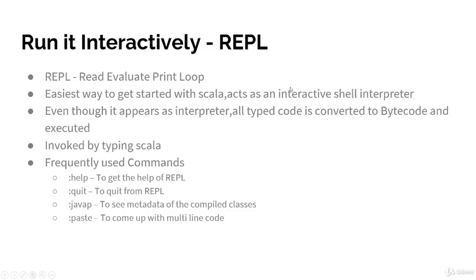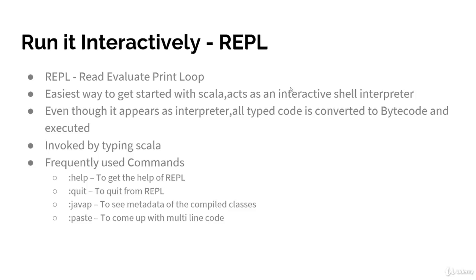Let us talk about the REPL console which is provided by Scala. REPL stands for read, evaluate, print, and loop. The easiest way to get started with Scala is this interactive shell interpreter. This is also called the interactive interpreter in the Scala world. Even though it appears as an interpreter, all typed code is converted into bytecode and executed.